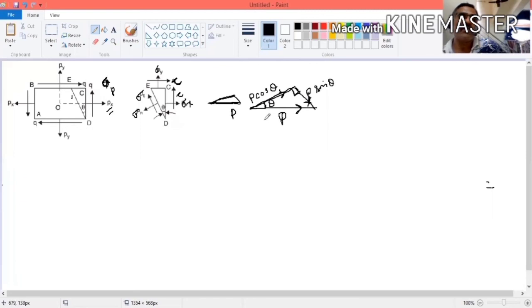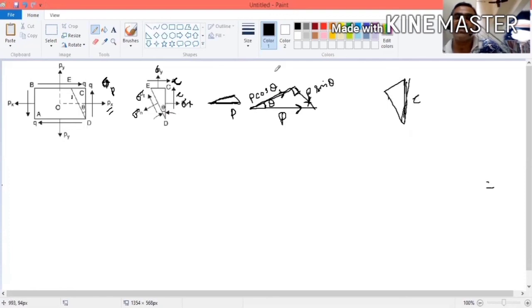Right. Now one force is acting along the vertical direction. I want to resolve this along this direction as well as along this direction. This direction means it will be like this. Let us take this as some tau.